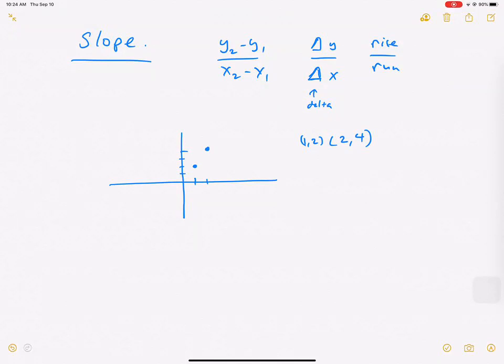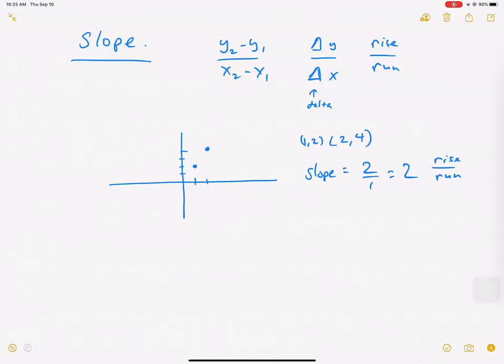So the way we find slope is you could just count it. Rise is 2, and the run is 1. Those are all classic ways of saying slope. So our slope was 2, or 2 over 1, which is 2. We can also describe this again, as we mentioned, as rise over run, which was rise of 2 and run of 1.